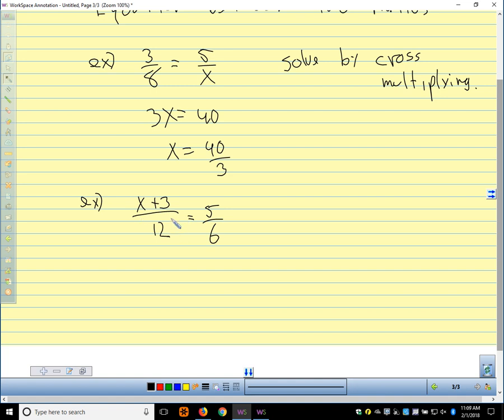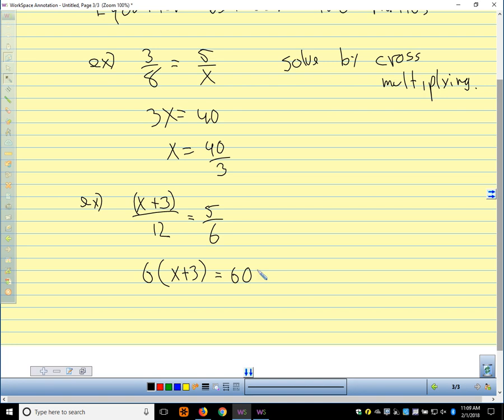What I suggest in this situation is to put parentheses around that, so you remember to distribute correctly. Now when I cross multiply, I get 6 times the whole thing, x plus 3, equals 12 times 5. 12 times 5 is 60.